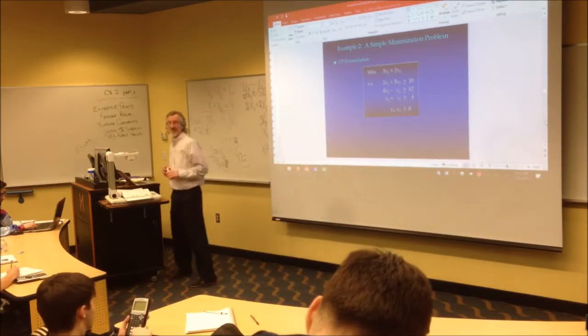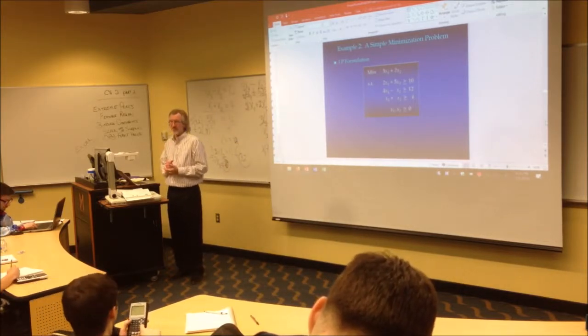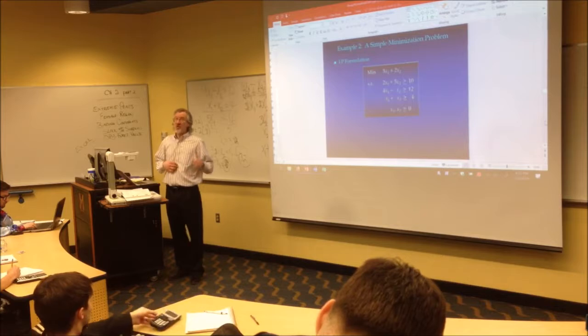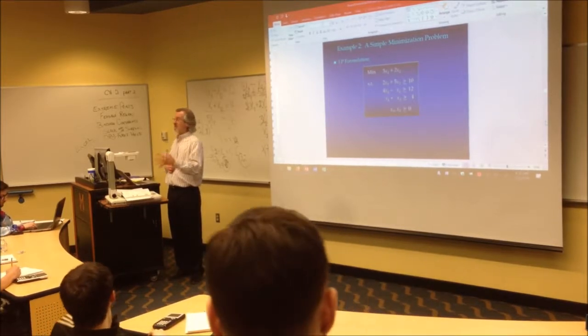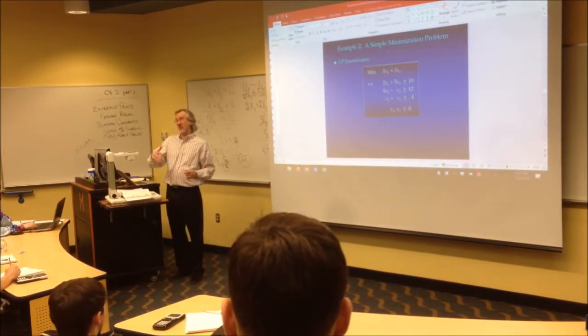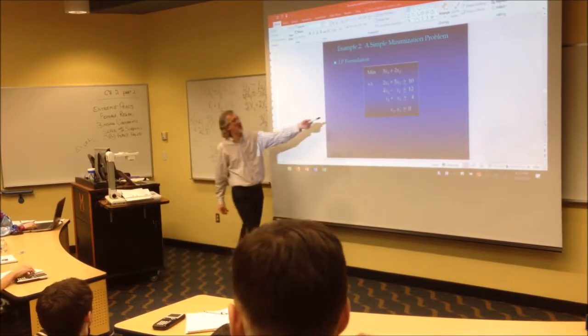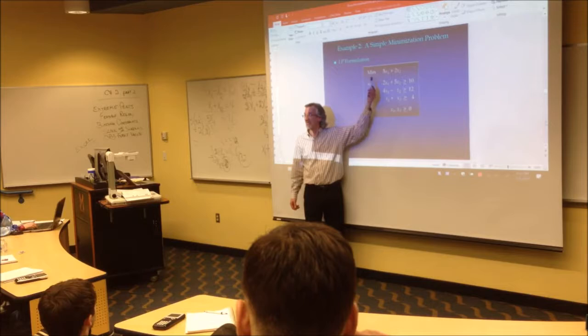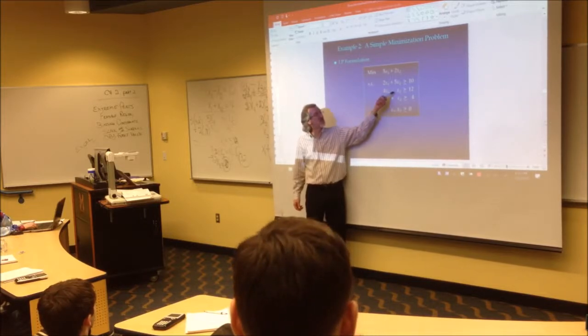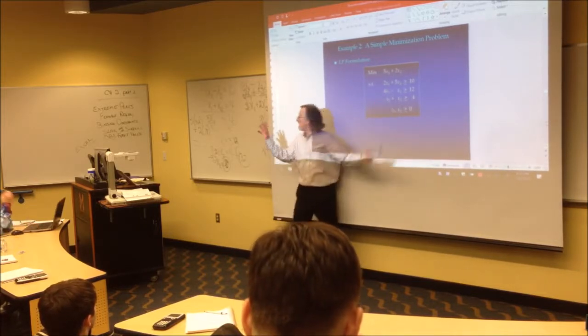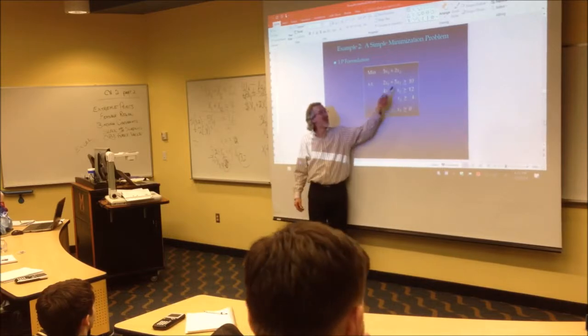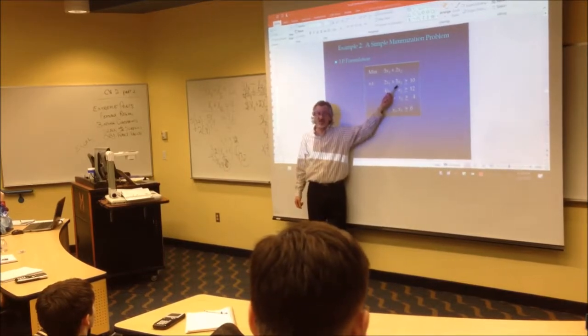One last thing. Are you ready? When you have constraints other than the binding constraints, that means they were not binding. In our case, how many constraints are not binding? 1. Because our binding constraints ended up being this one and this one. So there's our non-binding constraint.